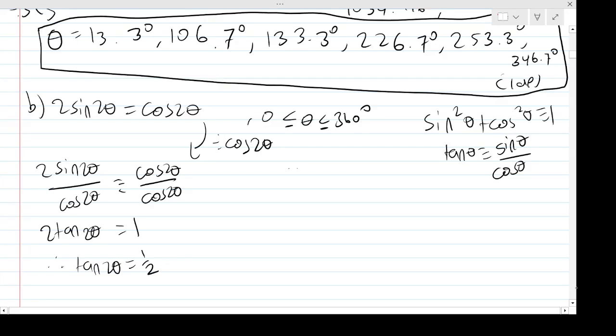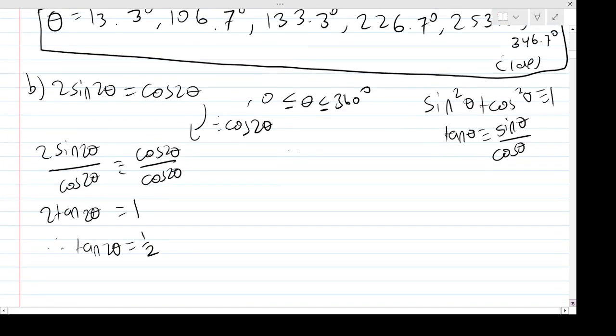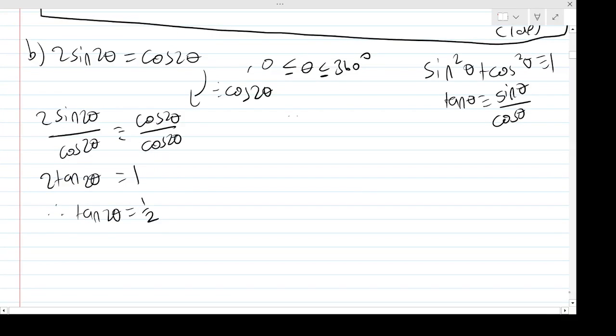And so that's what we can solve then, right? So now that's a trig equation I can solve. So there we are. So again then, if I do inverse tan of a half, I get 26.565 blah blah blah degrees.